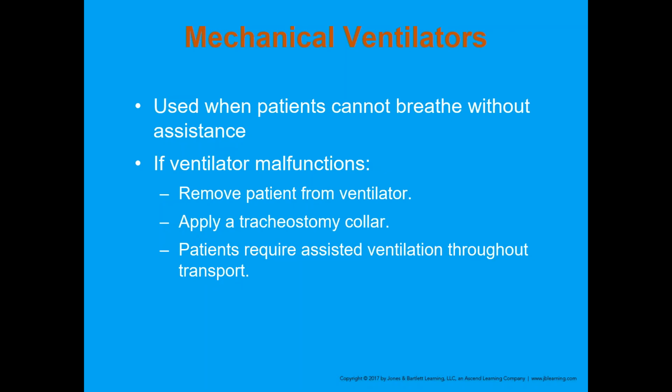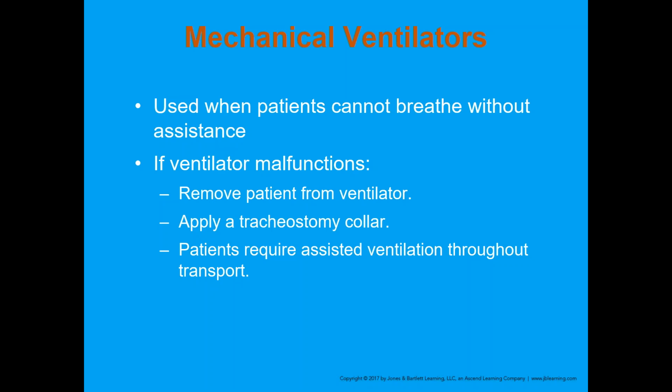So kind of tying into those trach patients, like we said, they're on ventilators a lot. A mechanical ventilator is a device used when a patient cannot breathe. If it messes up, we take them off the ventilator, put a trach collar on them, and then ventilate and transport.